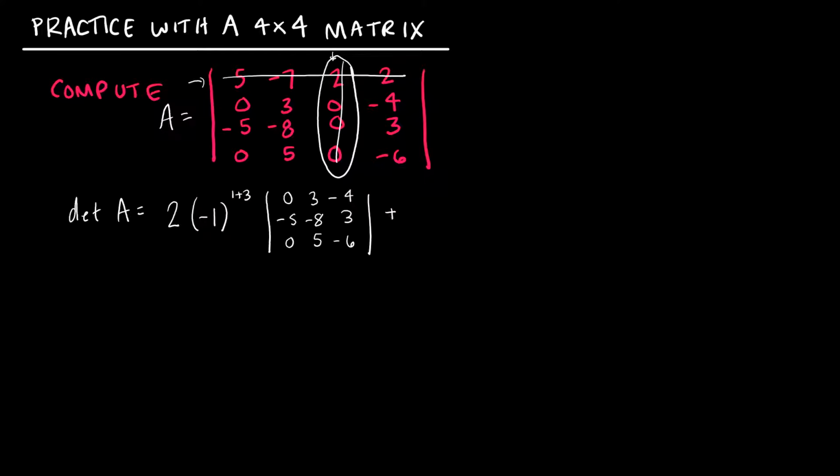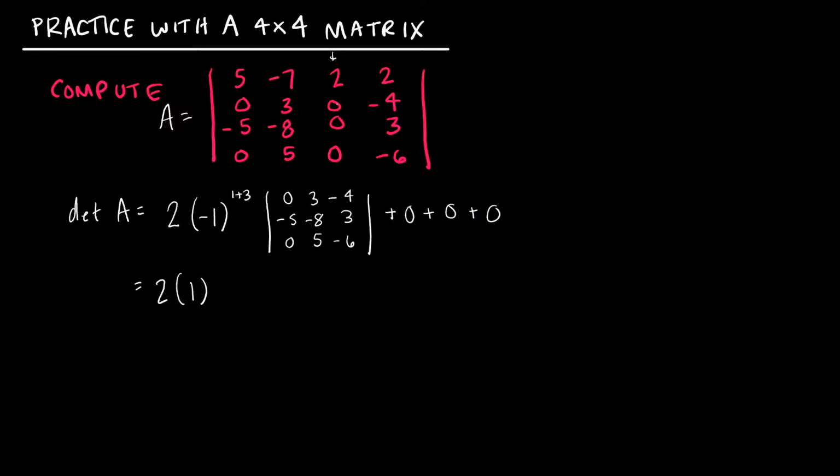And then as I work my way down the column, that would be plus 0, plus 0, plus 0, and we don't care about what the new matrices would be because we're going to multiply them by 0 anyway. So that's where we are right now. Now, negative 1 to the 1 plus 3 is negative 1 to the 4th, which is positive 1.